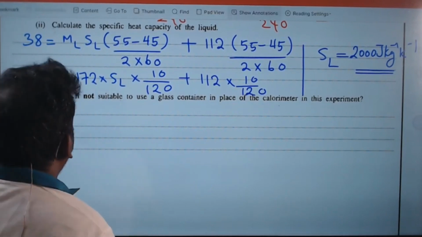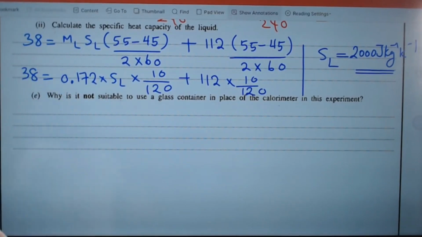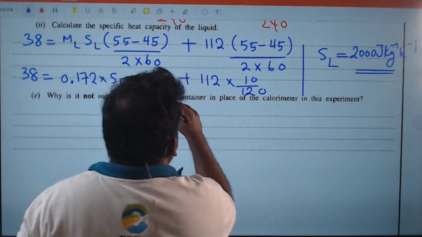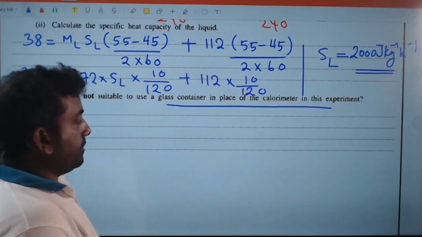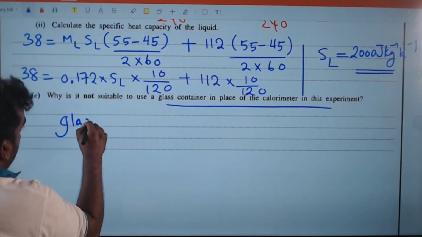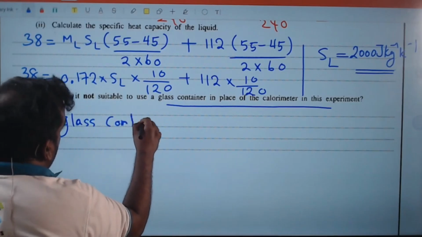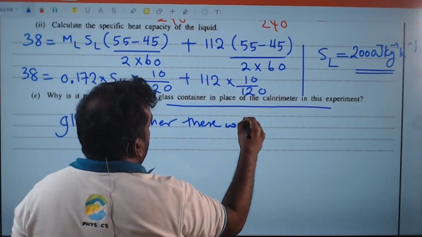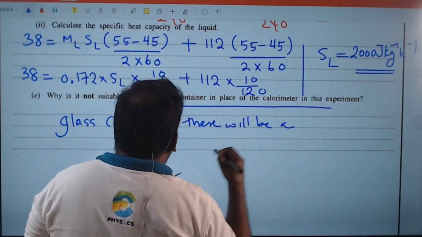Right. Why is it not suitable to use a glass container in place of a calorimeter? Now, glass container, we have a small issue. There will be a temperature gradient.